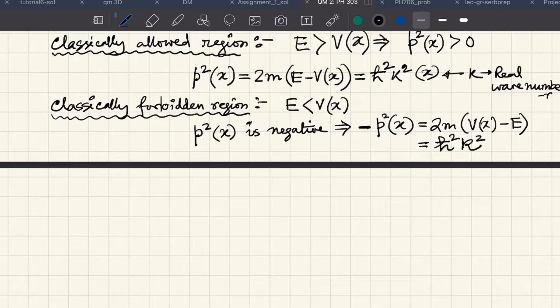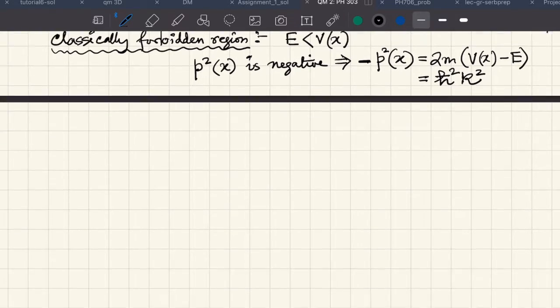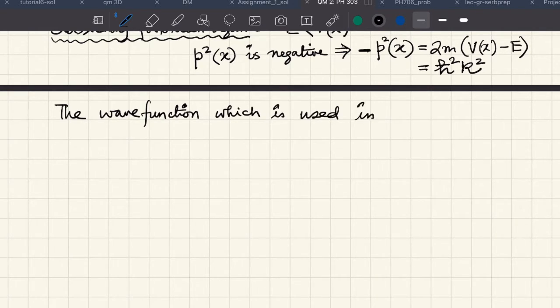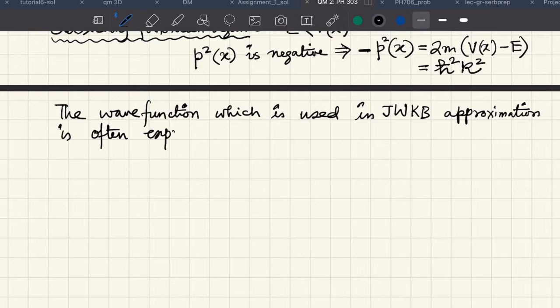Now, the wave function that is generally used in the WKB approximation, or rather the JWKB approximation, is often expressed in polar form.